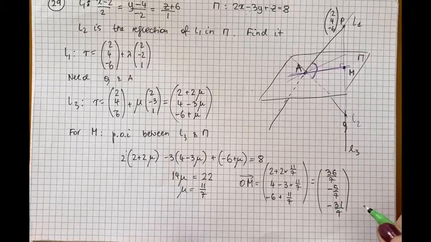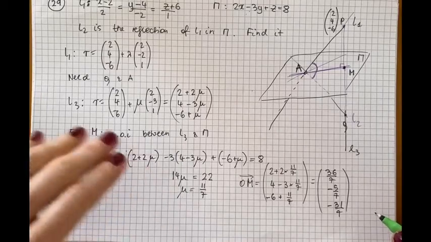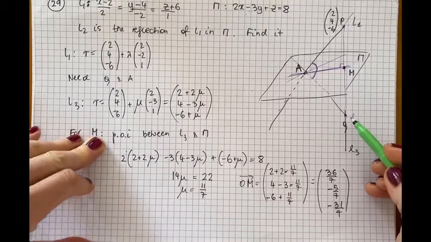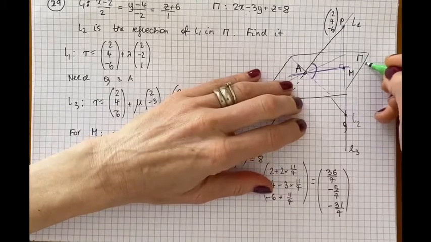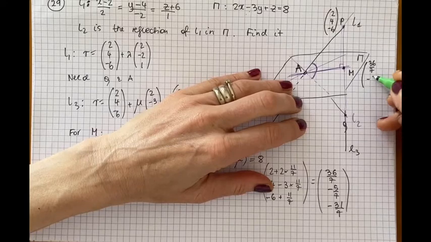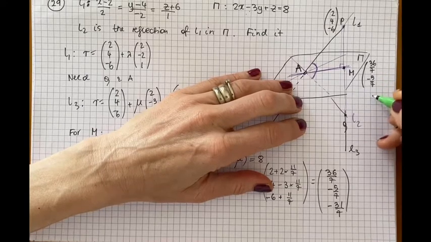So this is the position vector of point M. Okay, so now to find Q, let's write this one down here. 36 sevenths, minus 5 sevenths and minus 31 sevenths.